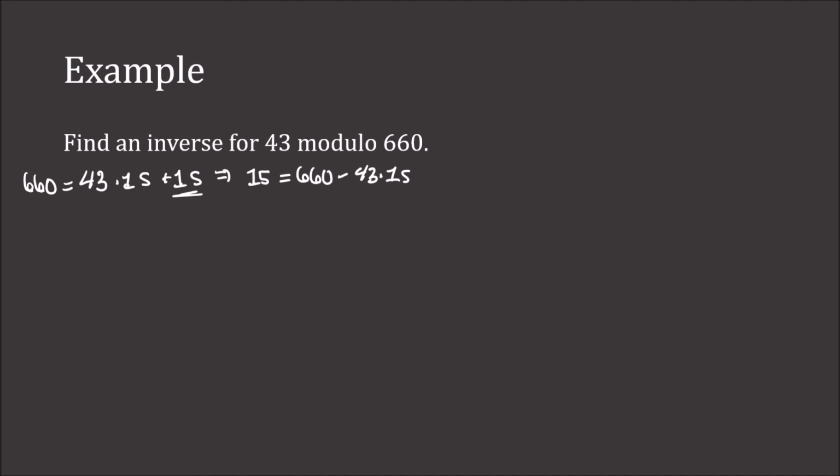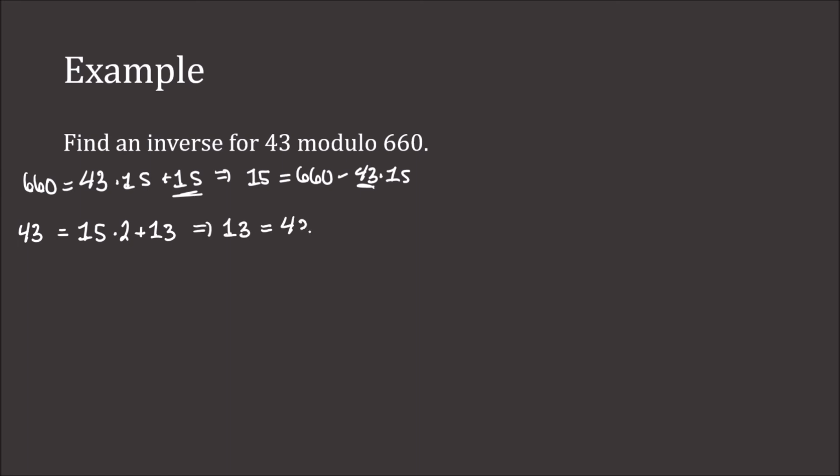Now we'll take this integer, 43, and write it as the remainder times some integer plus a remainder, right? So 15 times 2, and then plus 13. And then again, we'll solve for that 13.